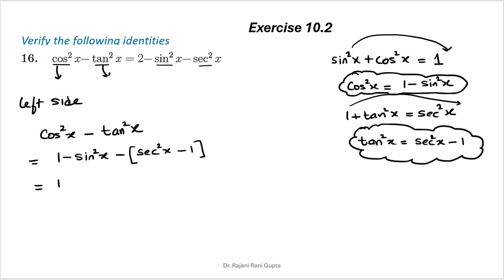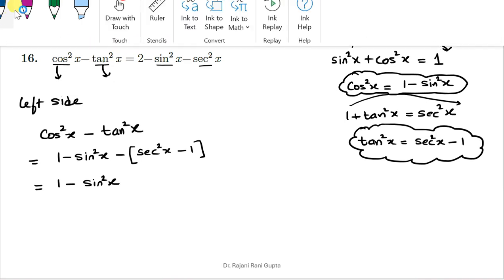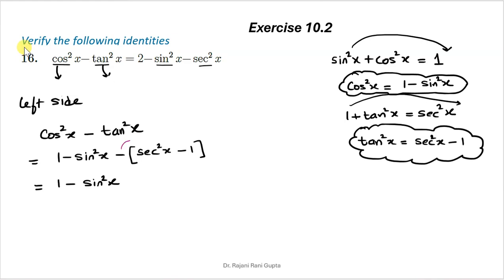So this gives you 1 minus sine square x. When you work this out, the minus goes with both the terms, giving you minus secant square x plus 1. Adding 1 and 1, you get 2 minus sine square x minus secant square x, which is your right side.